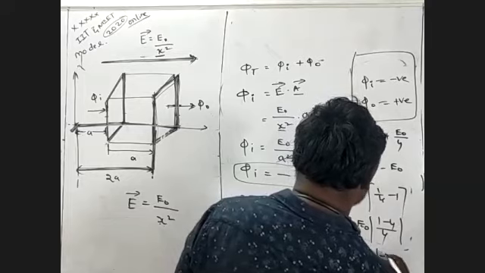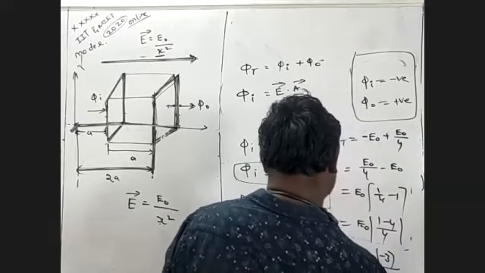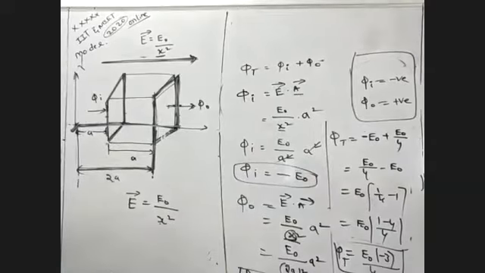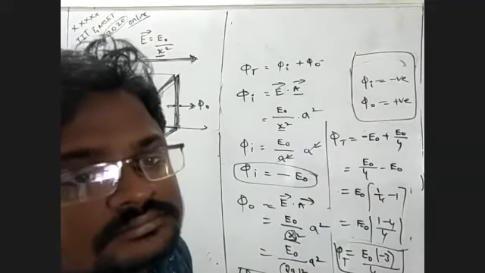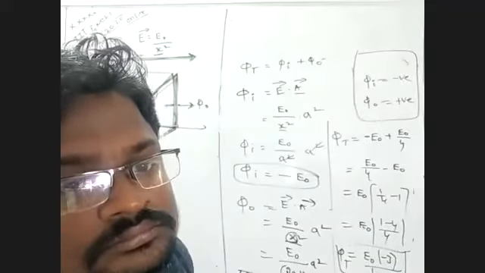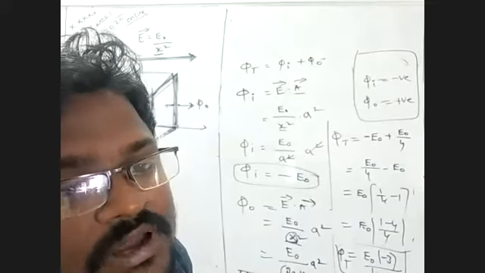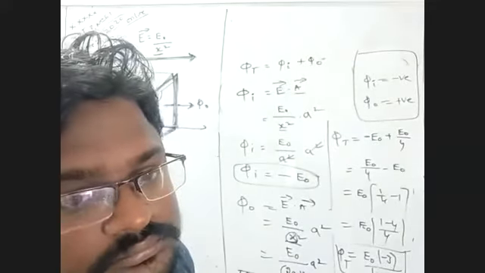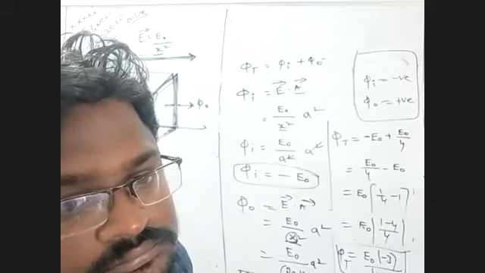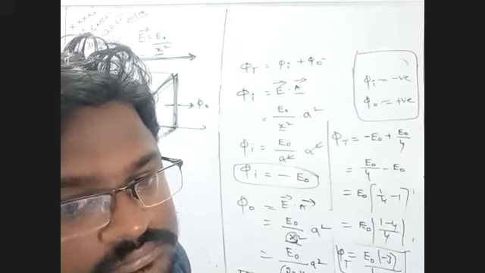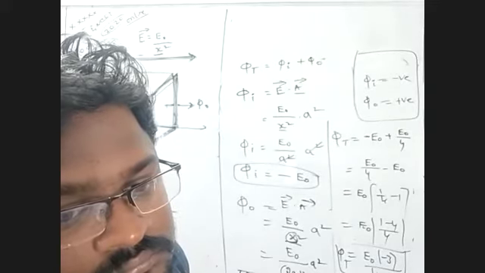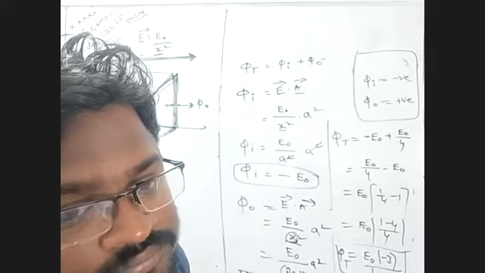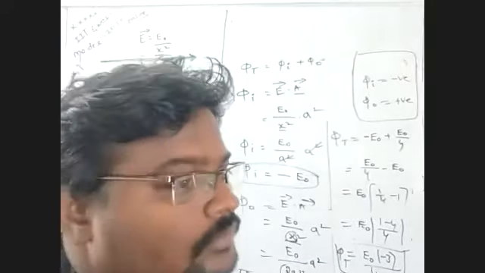So E naught times minus 3 by 4. This is the total flux.